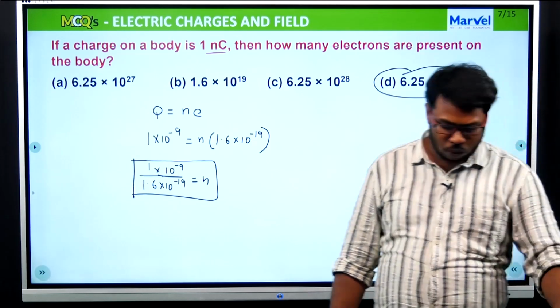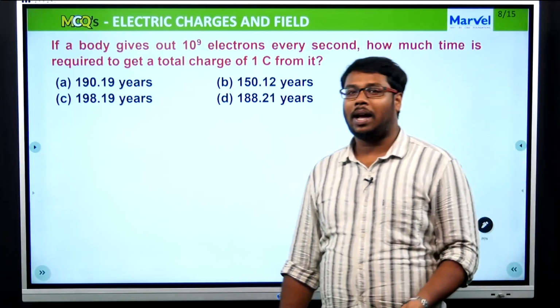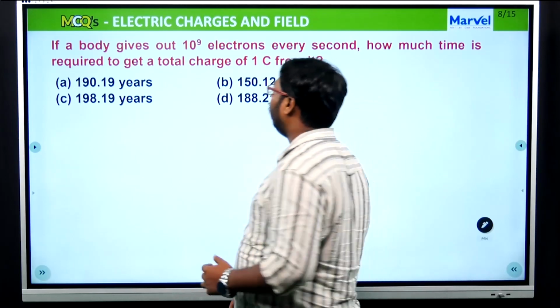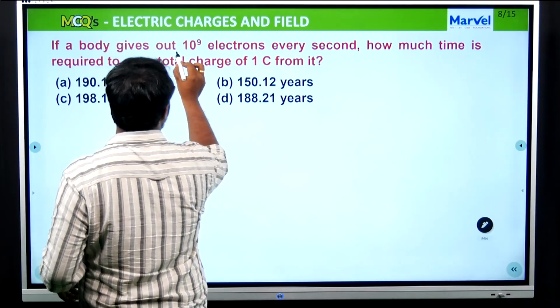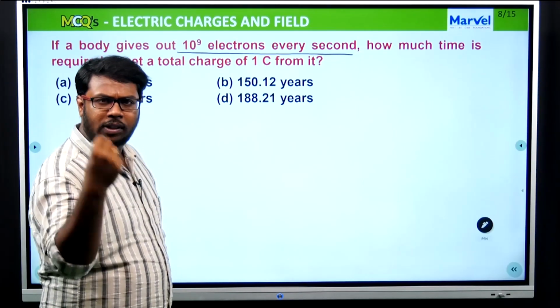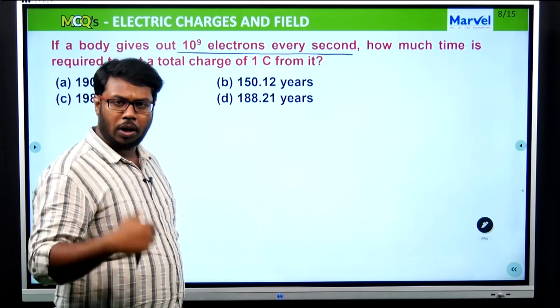Now we move to the next one, which is not a challenging one, it's a tricky question. You see, there is a body which is capable of giving out 10 power 9 electrons every second. So every second from the body 10 power 9 electrons are going to come out.